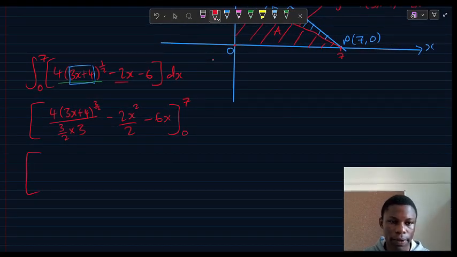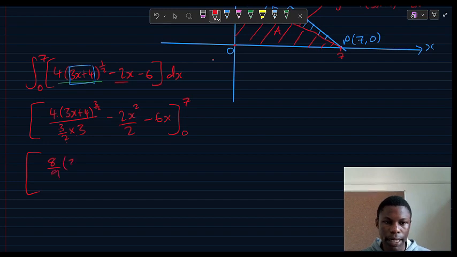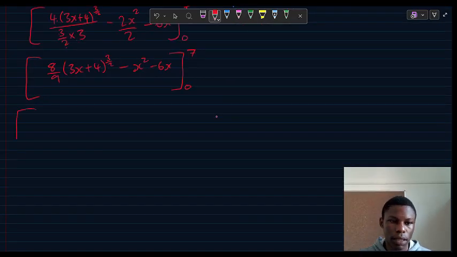So let's simplify. Here we've got 4 divided by 3 over 2 times 3. So that's 4 over 9 over 2, which is 8 over 9. Okay, 8 over 9, and that's multiplying (3x plus 4) to the power of 3 over 2, minus 2 over 2, that's 1, so just x squared minus 6x. And this is from 0 to 7. So let's substitute in our limits. We'll start with the upper limit.